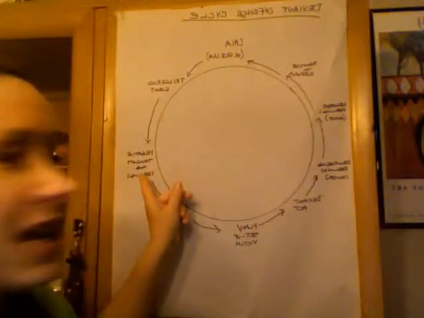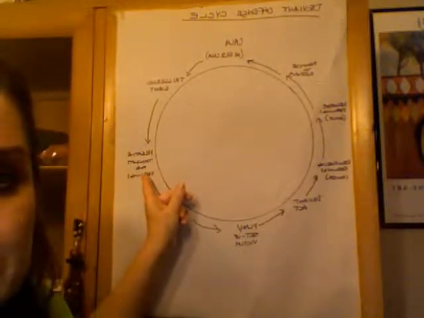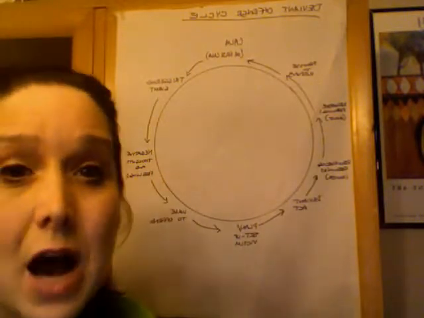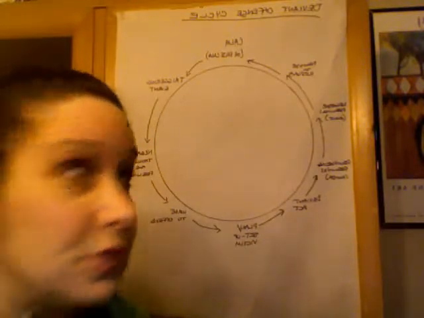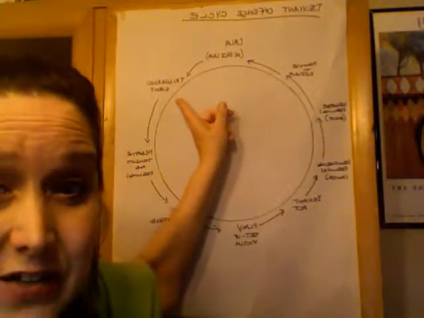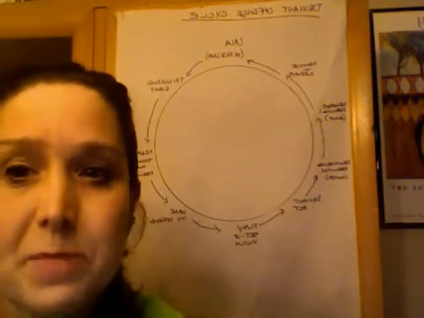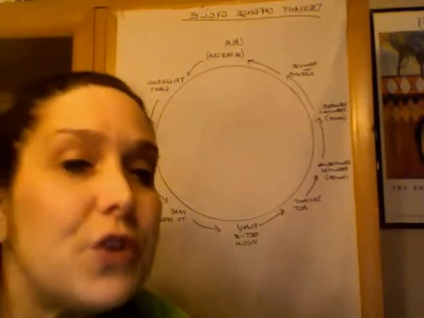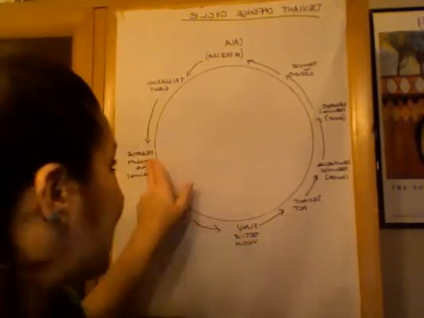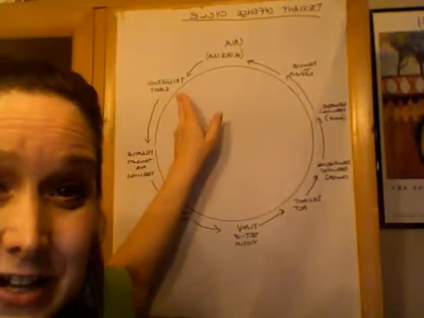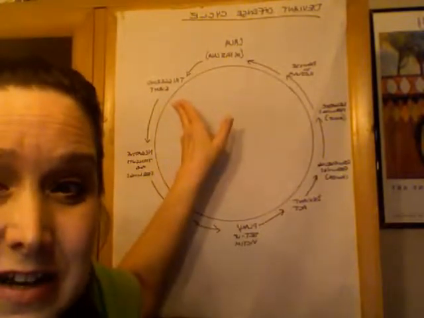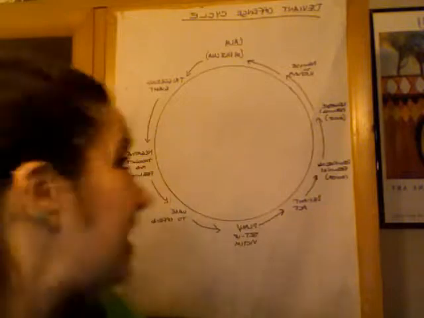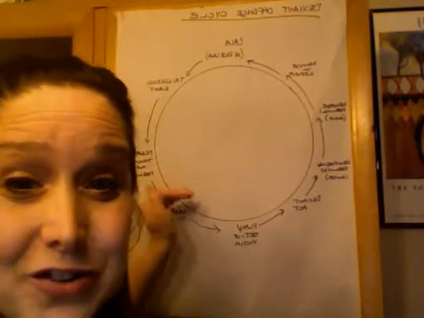The next are the negative thoughts and feelings, all right? These are thoughts and feelings that come from unresolved issues in regard to that triggering event, the event or the person. If you can identify the feelings that you're having about this triggering event and deal with them in a healthy way, the cycle stops here.